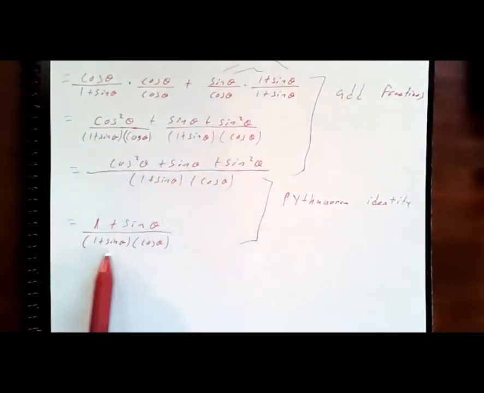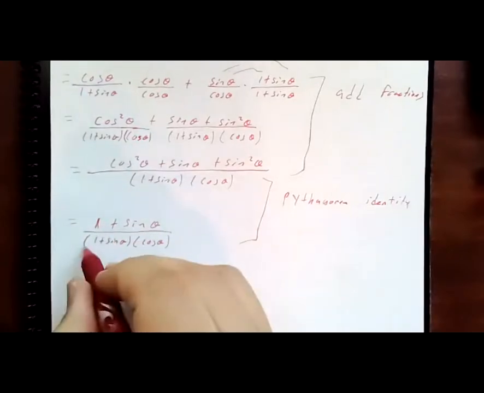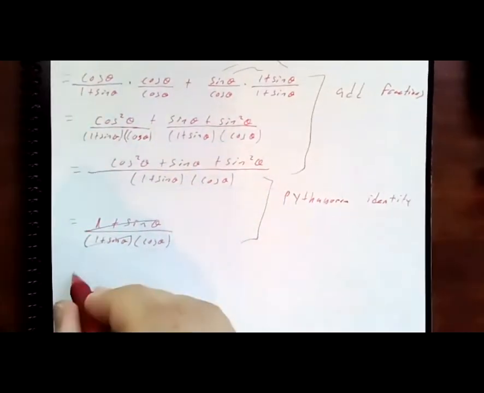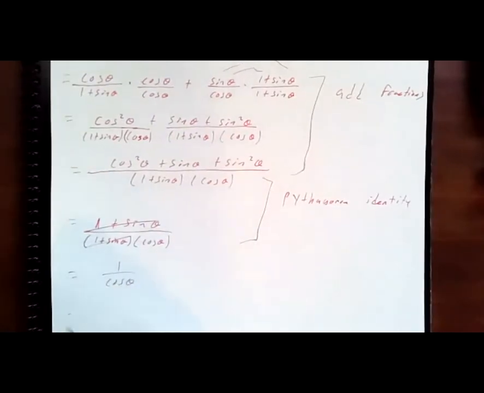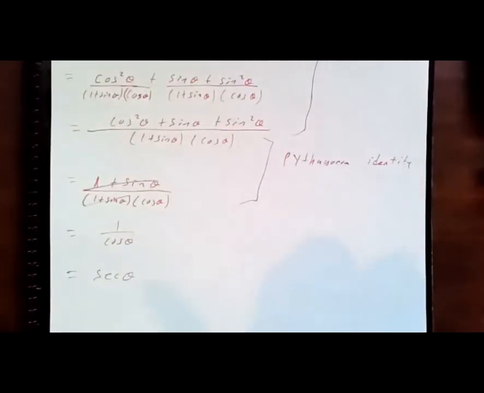But now notice you have 1 plus sine and 1 plus sine on top. So these will cancel, leaving you with 1 over cosine, which is really a secant. So that's as simplified as you can make it. So when they say simplify, this is what they mean. Just combine stuff, see what cancels, and then leave it alone.